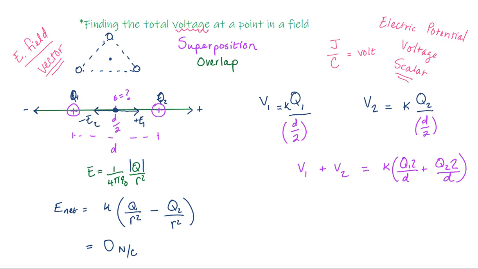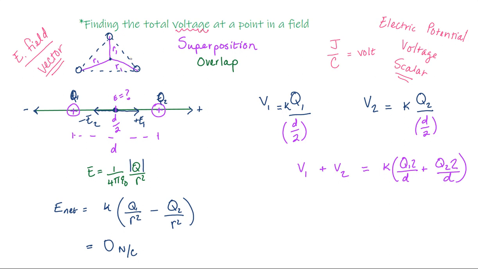If you think about the example with the charges on the corners of this equilateral triangle, now we don't really care about the directions. We literally add up whatever distance this is, let's call that R1, this distance, which is also R1, and this distance, which is R1.